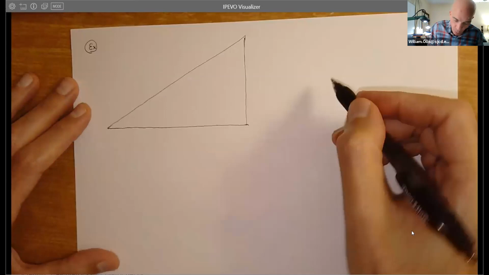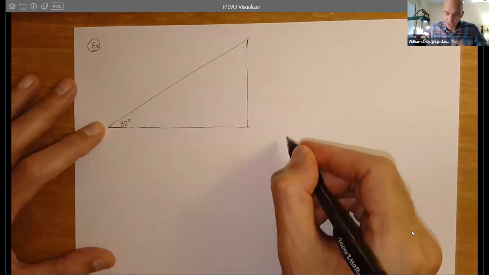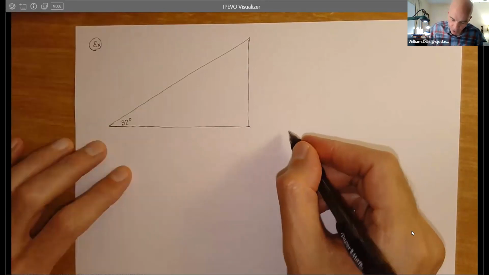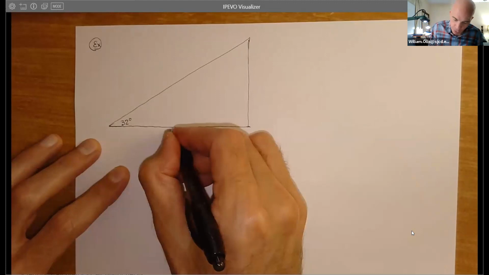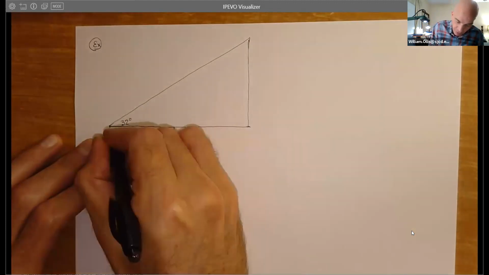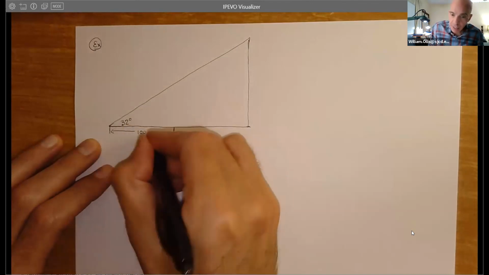So at this point, a 32-degree angle of elevation from the horizontal. And then they notice if they move their position closer to the mountain by 1,000, in this case, feet.